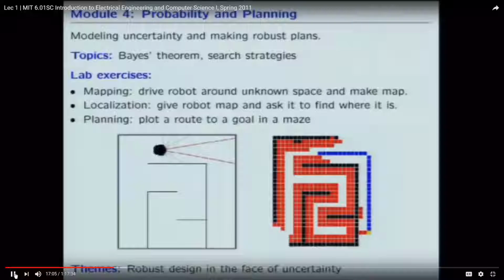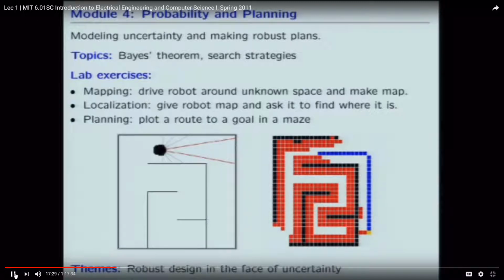The final module is on probability and planning. And the idea there is to learn about how you make systems that are robust to uncertainty and that can implement complicated plans that they too are robust to uncertainty.